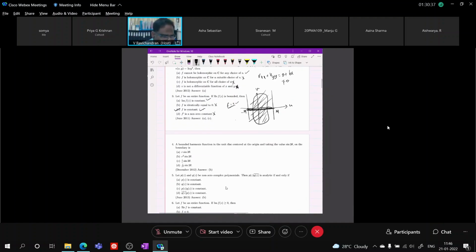Before I forget, I will also tell you one kind of secret, but many of you may be knowing. Usually the team that sets the question paper will be one and the same team. Every year the same team may be setting the question paper for CSIR, probably for GATE also. At least I know that the same team is going for the CSIR examination. So if you prepare topic wise, you may get an idea of how the examiner is coining the question, and probably you can also identify the textbook that he is using for coining these questions.